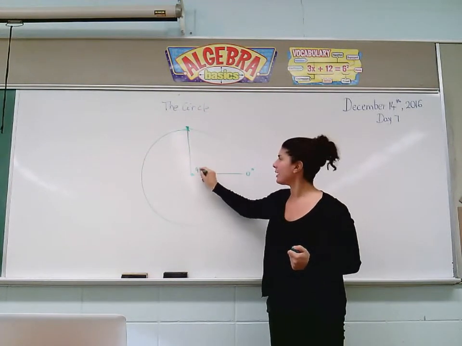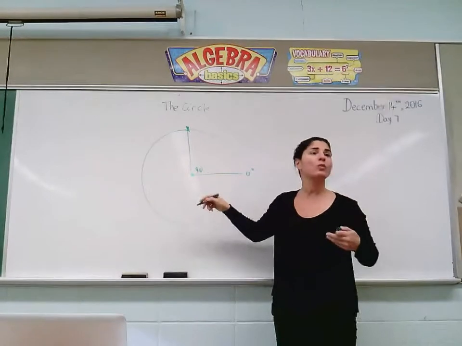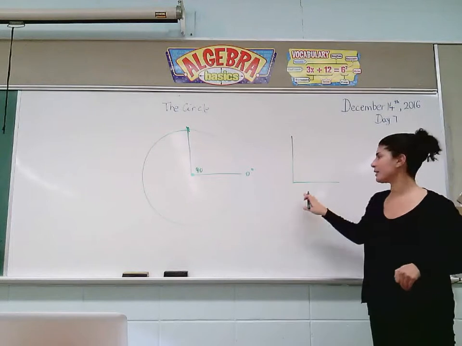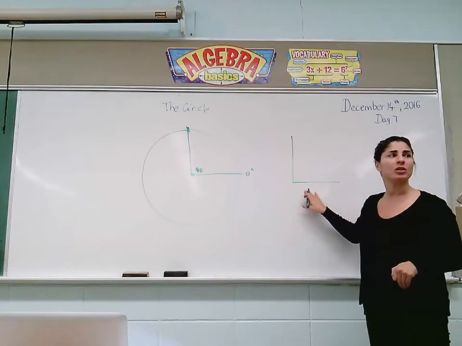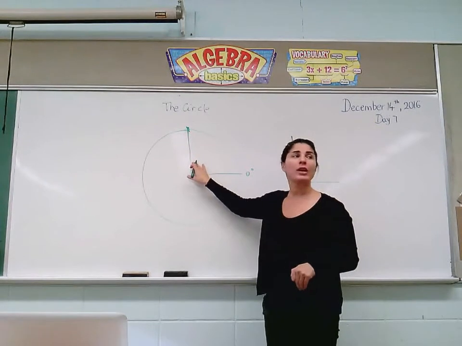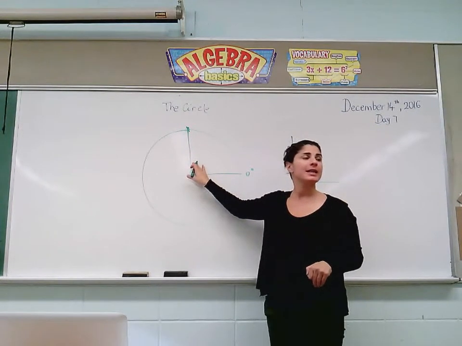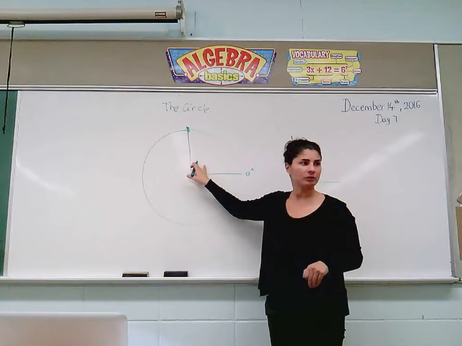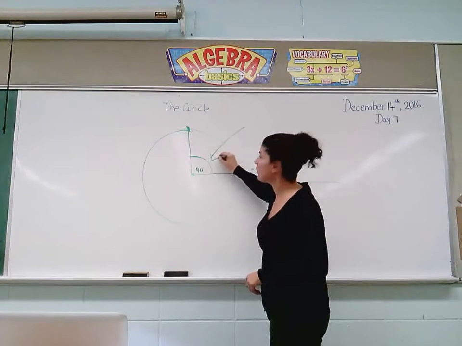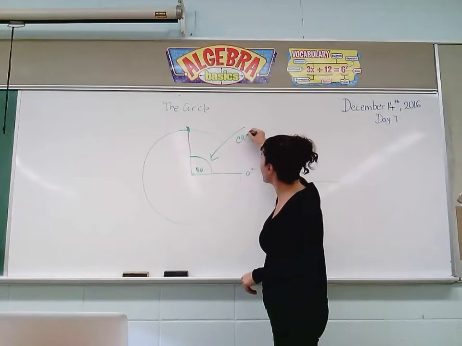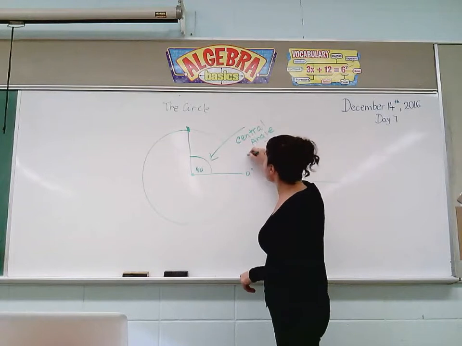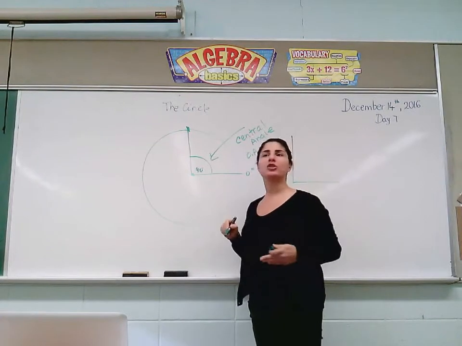Now we call this an angle when we are talking about 2 lines that meet here. This is an angle. In a circle, we call it a central angle. So please write down in your notes that this angle is called the central angle. And I use the abbreviation CA to describe the central angle.